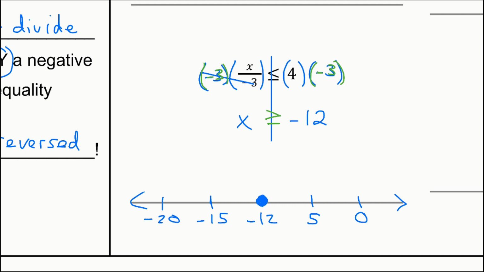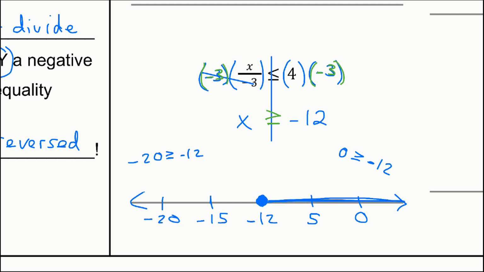And then if I pick two of these numbers to substitute in, which one makes the inequality true? There we go. Negative 20 is greater than or equal to negative 12, or 0 is greater than or equal to negative 12. The answer there is going to be the 0. So we're going to go that way.